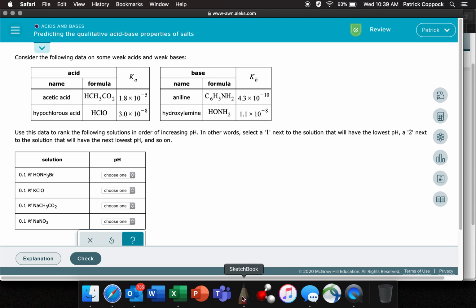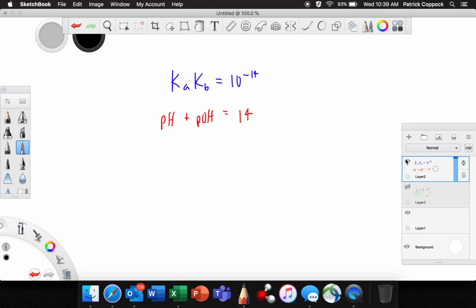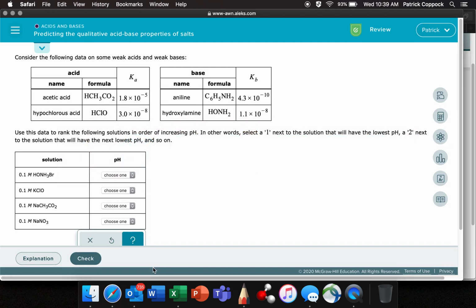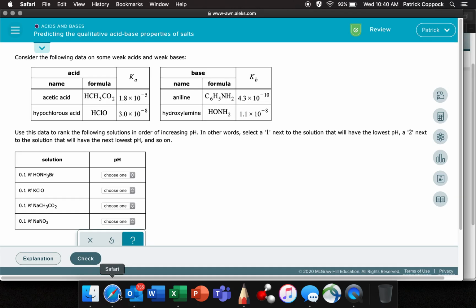So now I've got to do another layer here. Okay, so sodium nitrate. What were the other ones? Ammonium bromide. Was it ammonium or no?